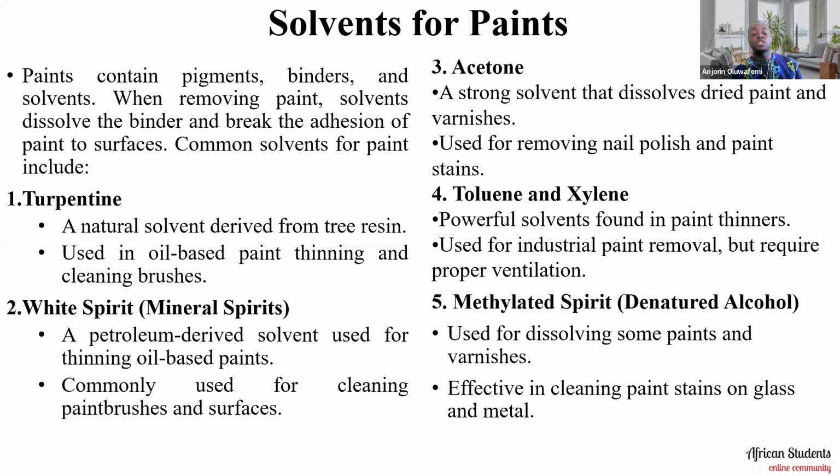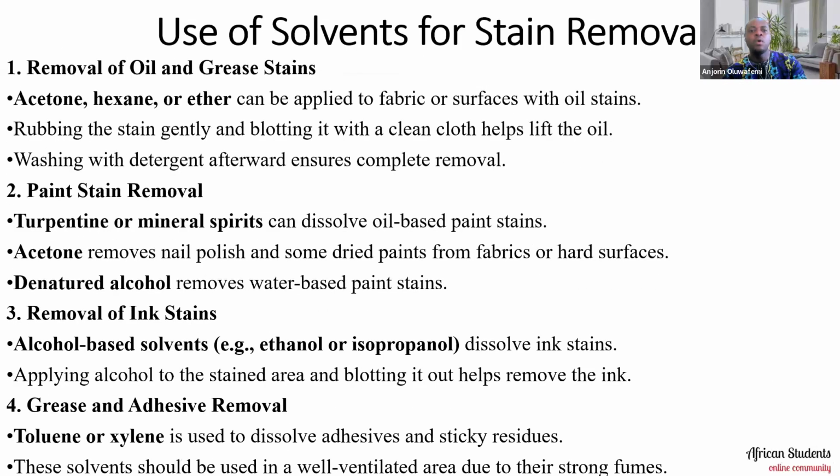It is also commonly used for cleaning paint brushes and surfaces. Acetone is another wonderful solvent that can be used for paint, as well as toluene and methylated spirit, that is, the denatured alcohol.